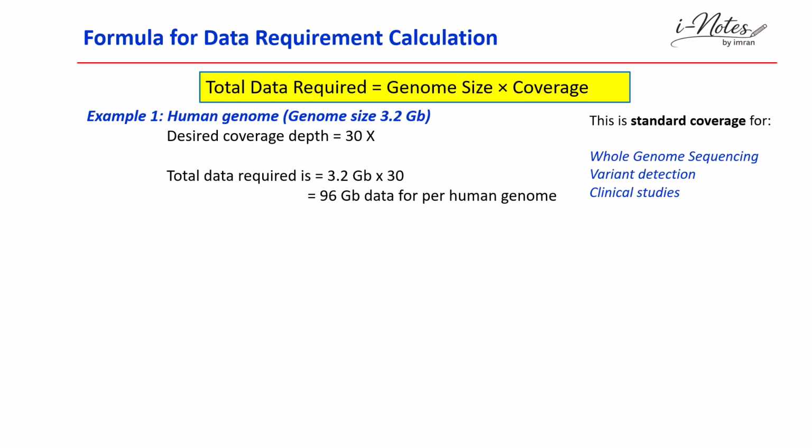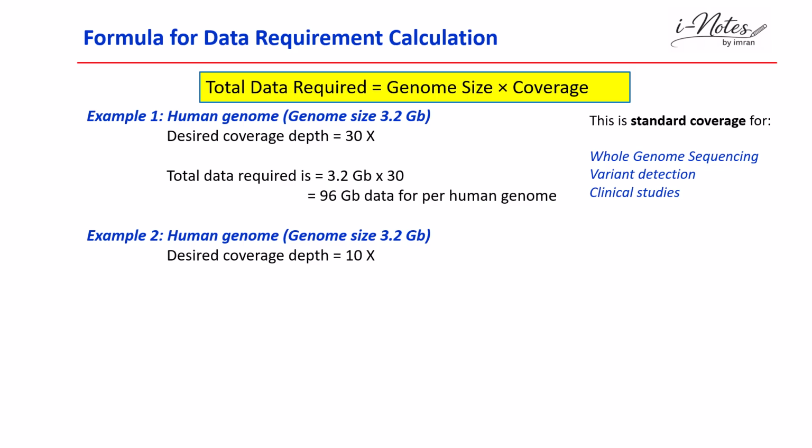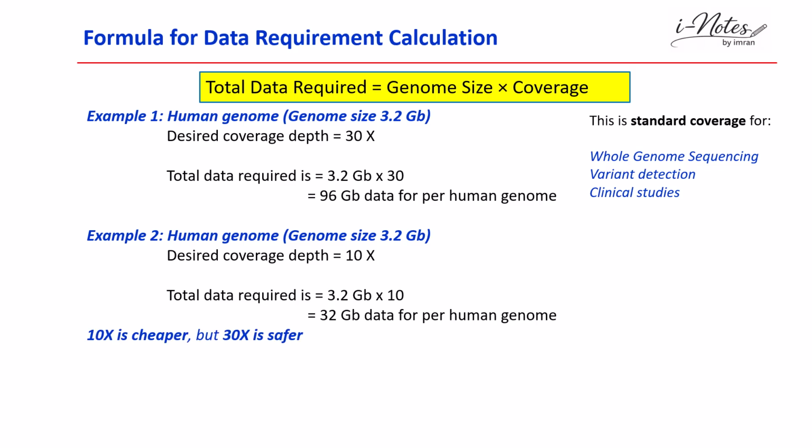Let's consider another example. Again, if you are working with the human genome and you want only 10x coverage, in that case, you will require 32 GB of data per genome. So here you can accommodate more samples in the same flow cell.